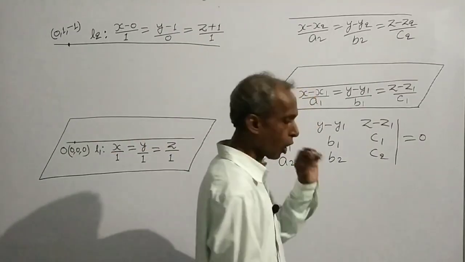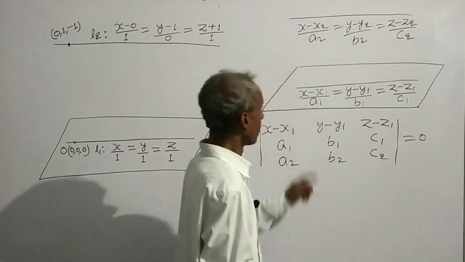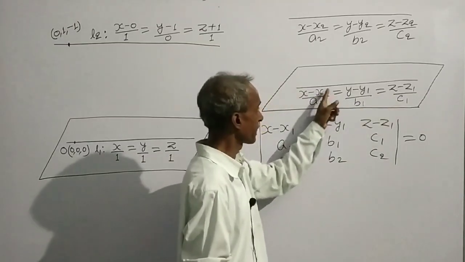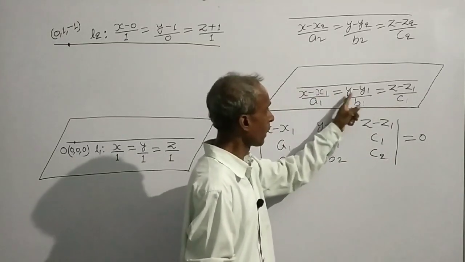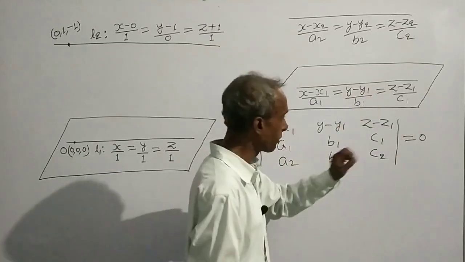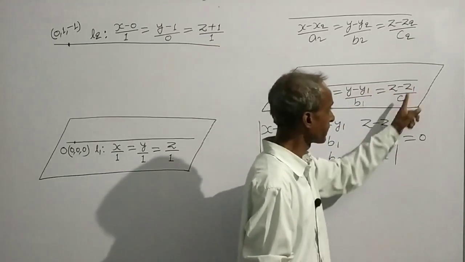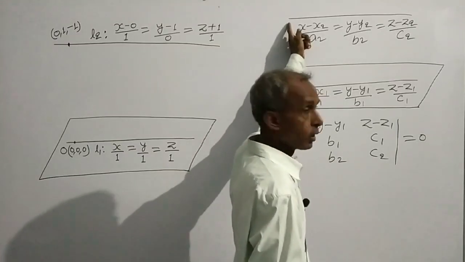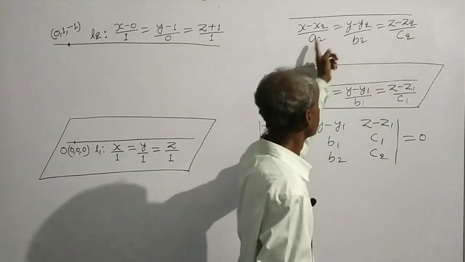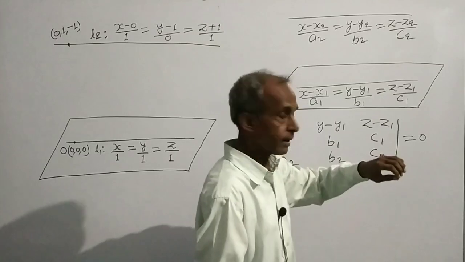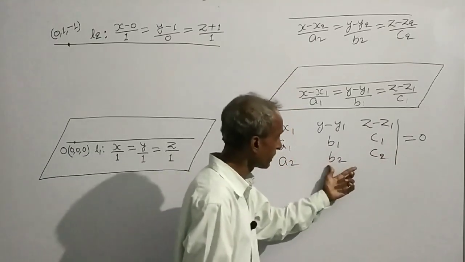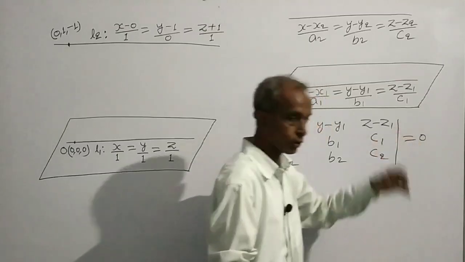Equation of a plane containing the straight line x minus x1 by a1 is equal to y minus y1 by b1 is equal to z minus z1 by c1 and parallel to this straight line is written as this determinant is equal to 0.